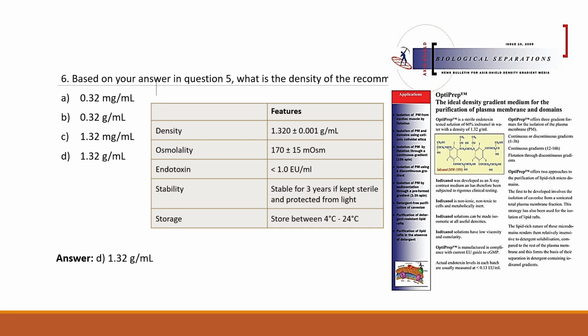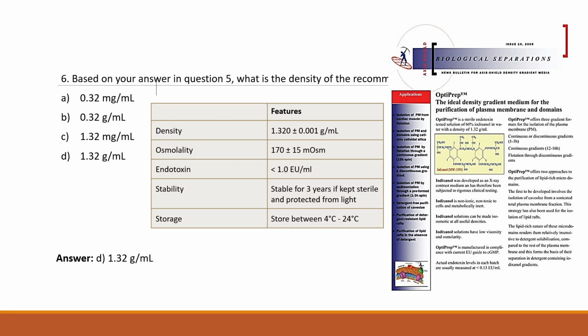Why are they mentioning these particular things, the 16-hour spin, this medium, and this particular column? It will function properly only in that particular experiment. So if you want to isolate PM by your particular flotation method, you have to use a continuous gradient for a 16-hour spin. Otherwise, it will not work.